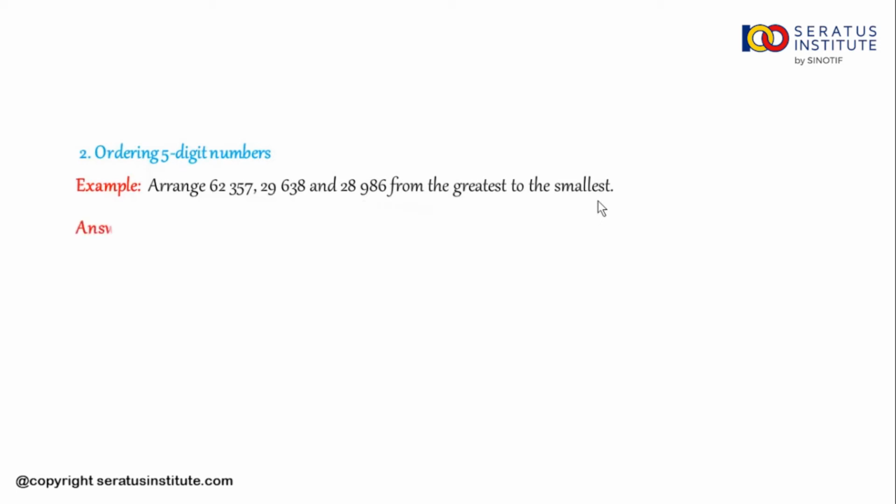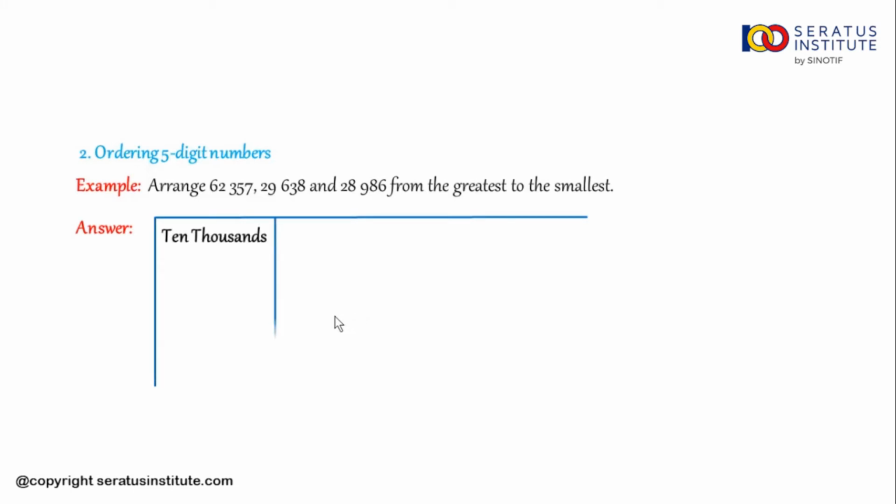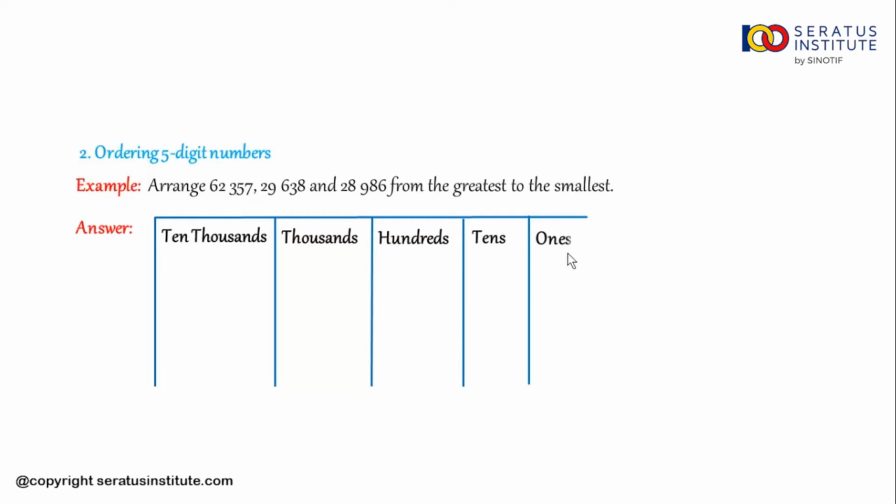To arrange these numbers, we can use the comparison like before. We separate the 10,000s, thousands, hundreds, tens, and ones of each number. For the first number, there is 6 in 10,000s, 2 in thousands, 3 in hundreds, 5 in tens, and 7 in ones.